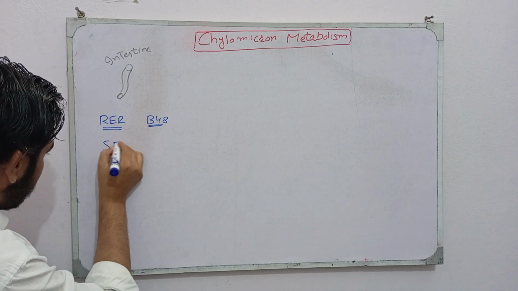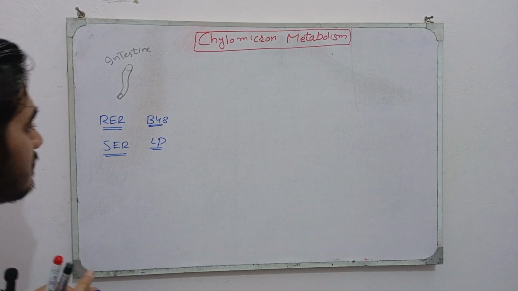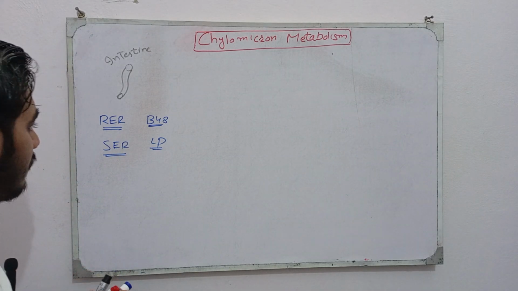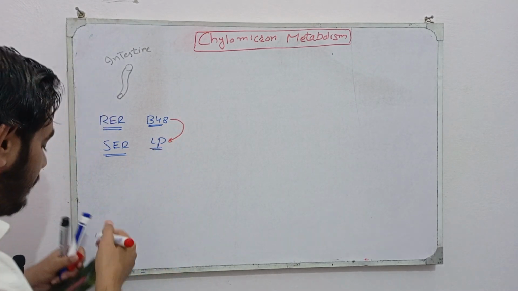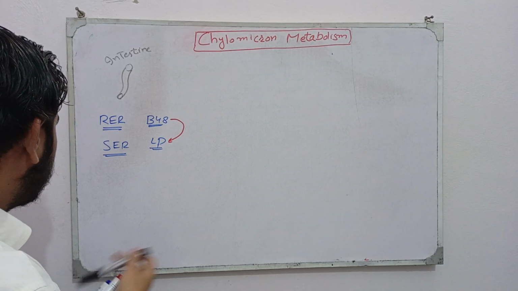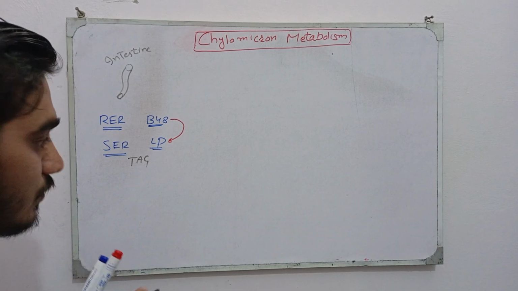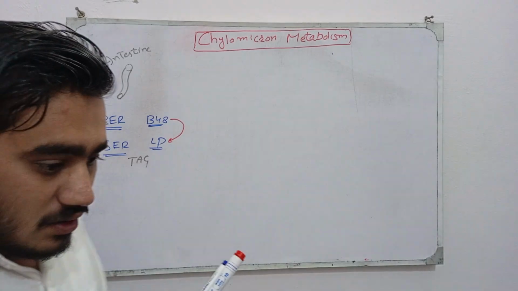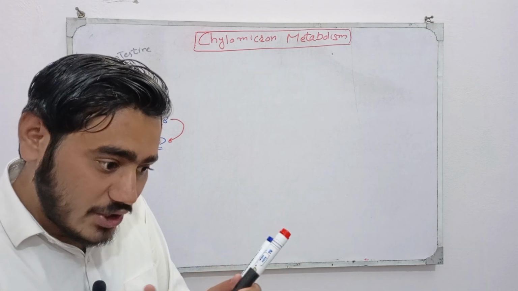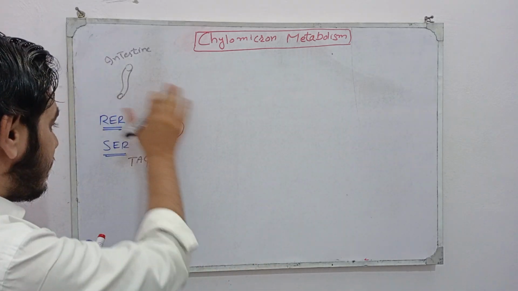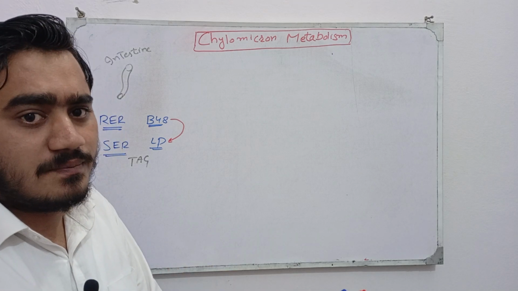There is synthesis of lipoprotein in smooth endoplasmic reticulum, and this Apo CIII gets incorporated in lipoprotein. In smooth endoplasmic reticulum, there is also synthesis of triacylglycerol. In Golgi bodies, carbohydrate groups get attached to this complex, and this complex gets incorporated in chylomicron.